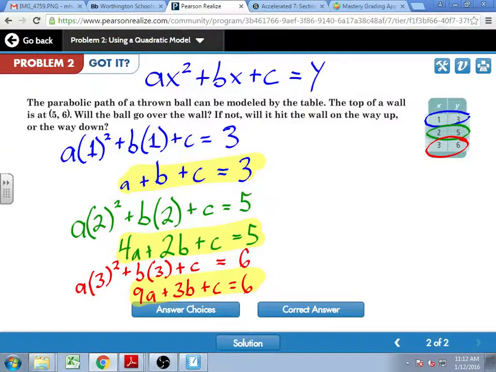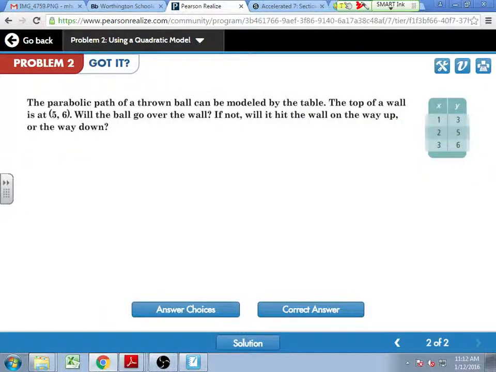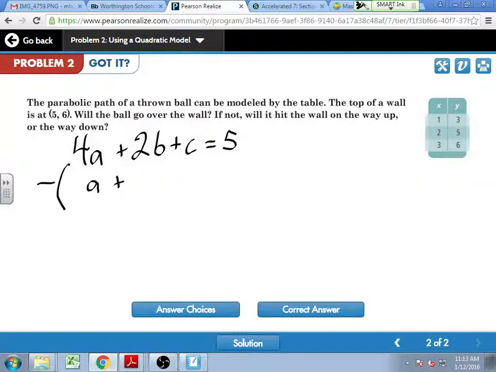Well, 1 and 2 will make it really easy. If you subtract them and then multiply by 3. So you're going to take equation 2 minus equation 1? Yeah. I'd rather do equation 2 minus equation 1 so I have positive coefficients still. So I'm going to say 4a plus 2b plus c equal to 5 minus everything inside a plus b plus c equals 3.